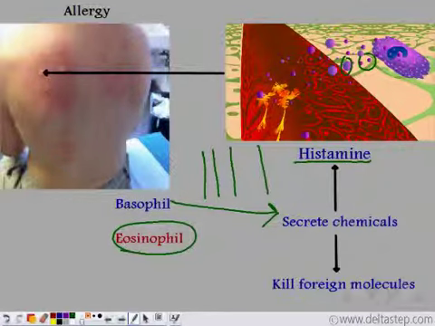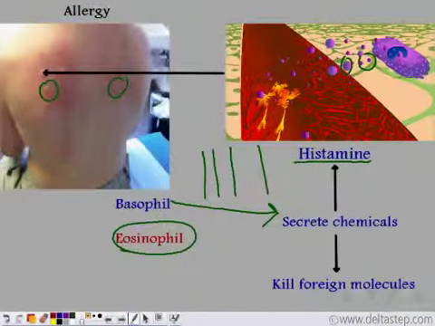Now, since the blood vessels get dilated, plasma also oozes out of the blood vessels into the extracellular space. And that is why this swelling takes place during allergies. This is nothing but the accumulation of plasma causing edema, which is the swelling.